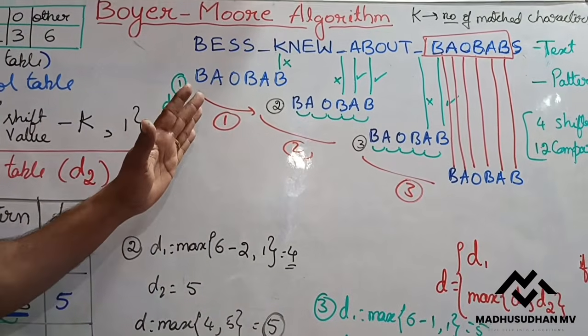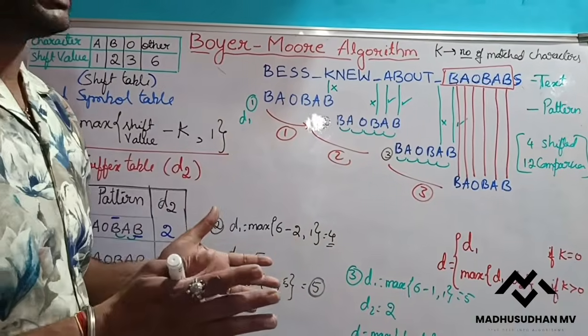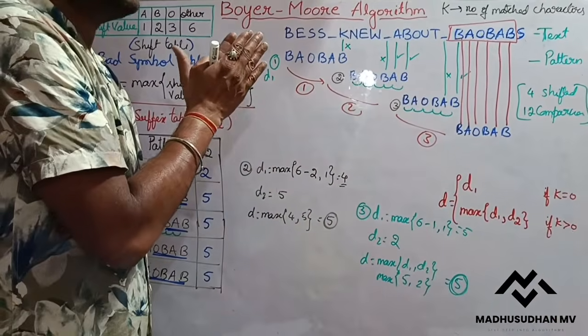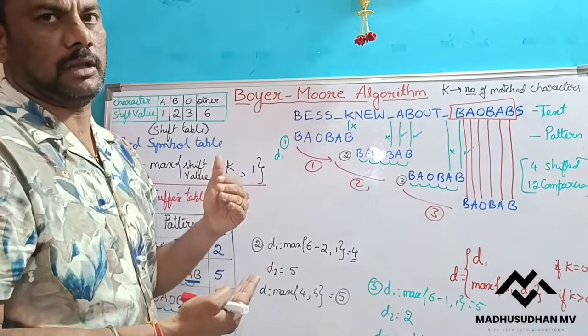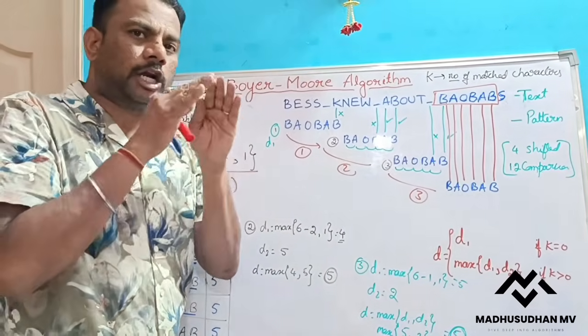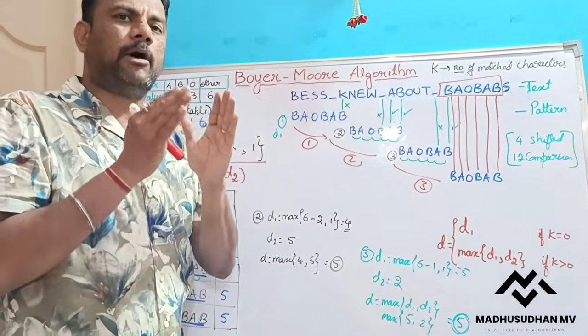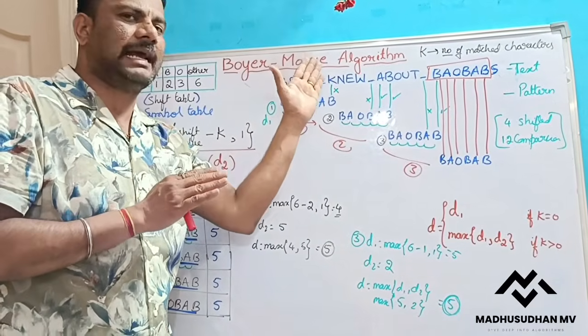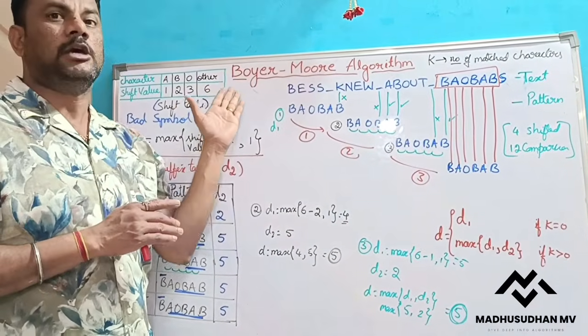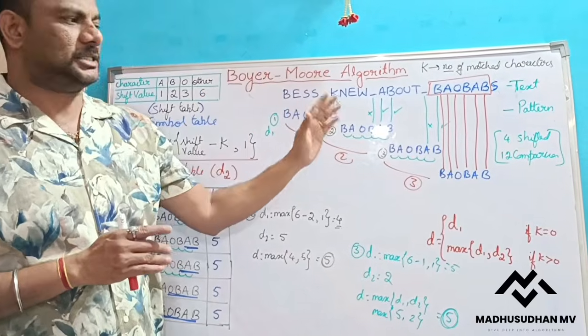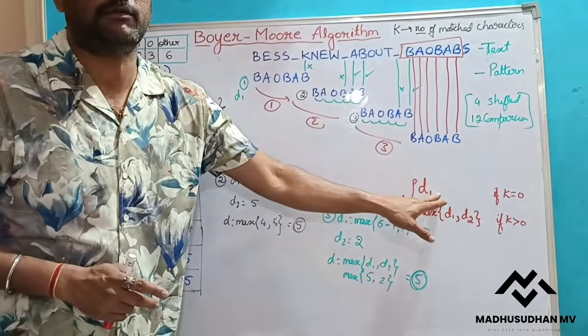So I hope you understood Boyer-Moore. The summary is that the Boyer-Moore algorithm is the advanced version of the Horspool algorithm, or we can say the Horspool algorithm is a simplified version of the Boyer-Moore algorithm. And the Boyer-Moore algorithm works exactly the same as the Horspool algorithm if the mismatch occurs at the first position itself. That is when K is equal to 0, simply take from D1.